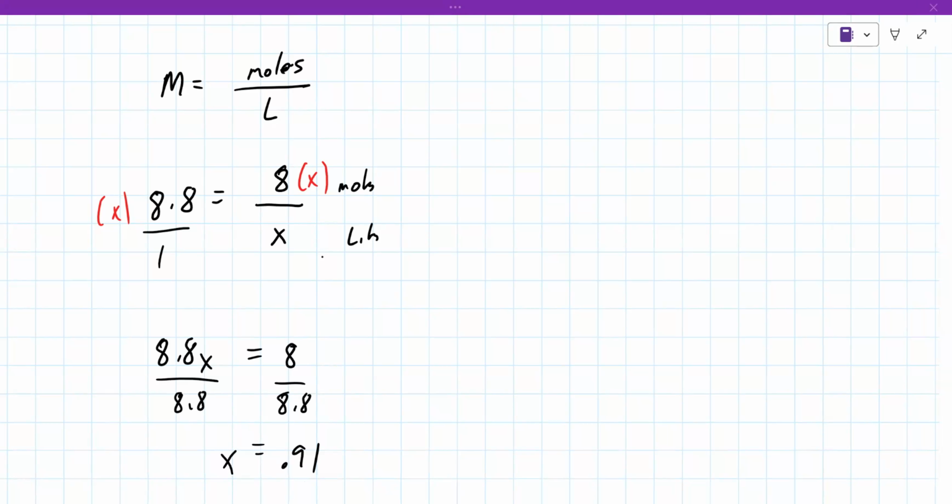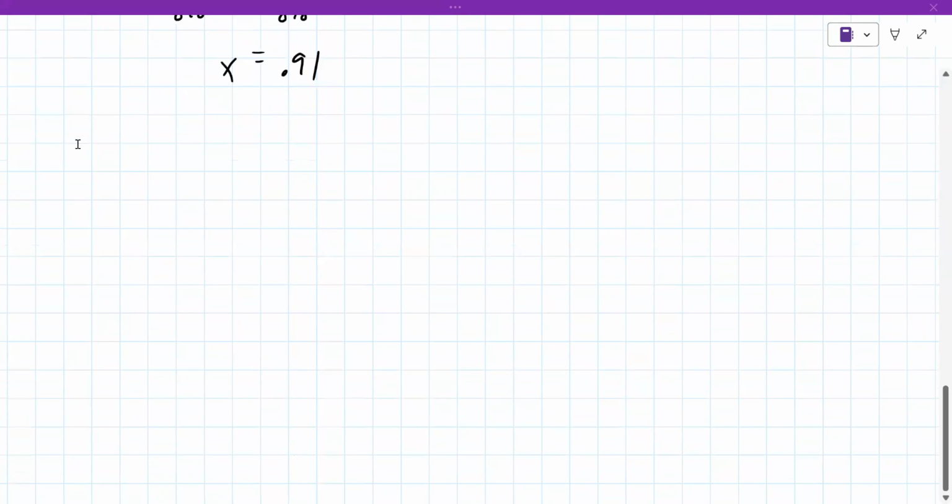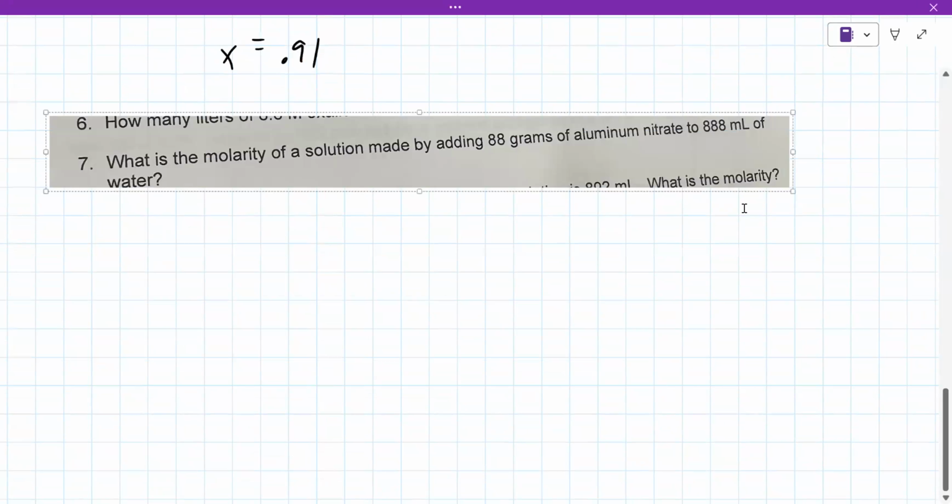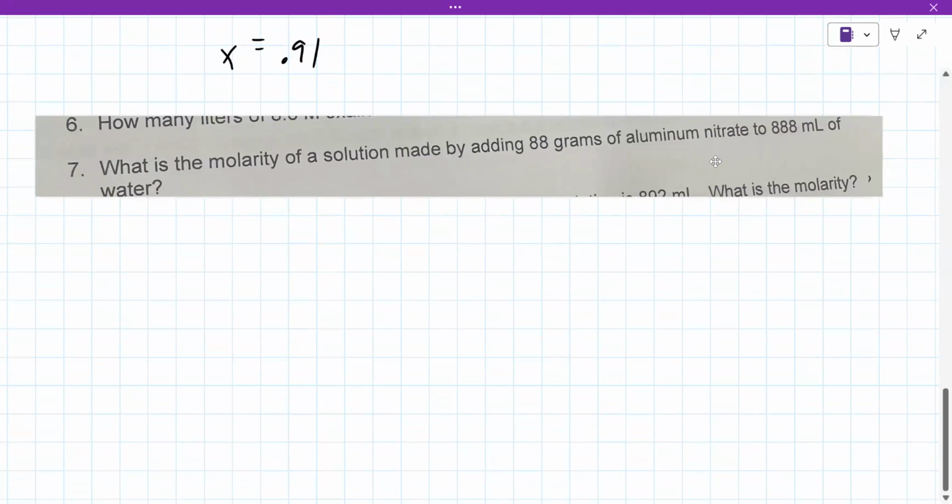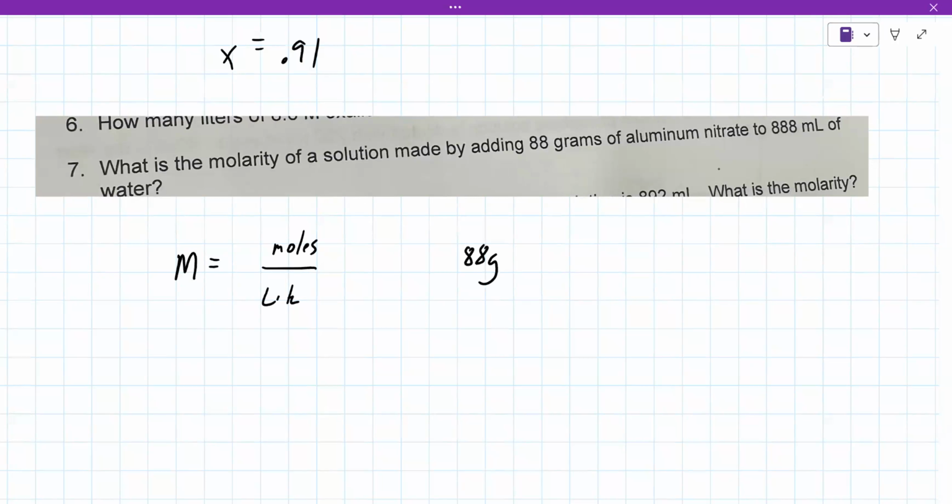All right, number 7. What is the molarity of a solution made by adding 88 grams of aluminum nitrate to 880 milliliters of water? Molarity is moles per liter. We have 88 grams of aluminum nitrate, Al(NO3)3. You've got to know these as well.